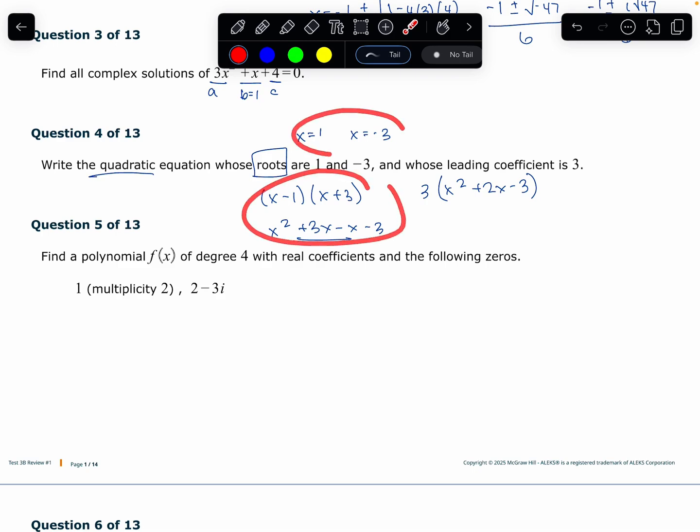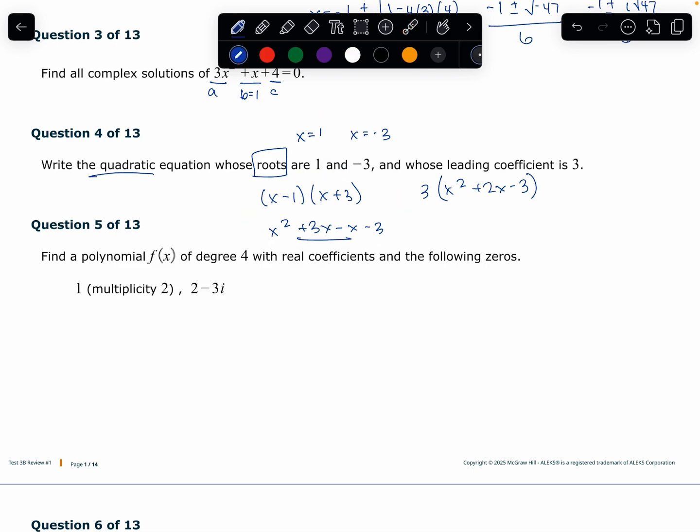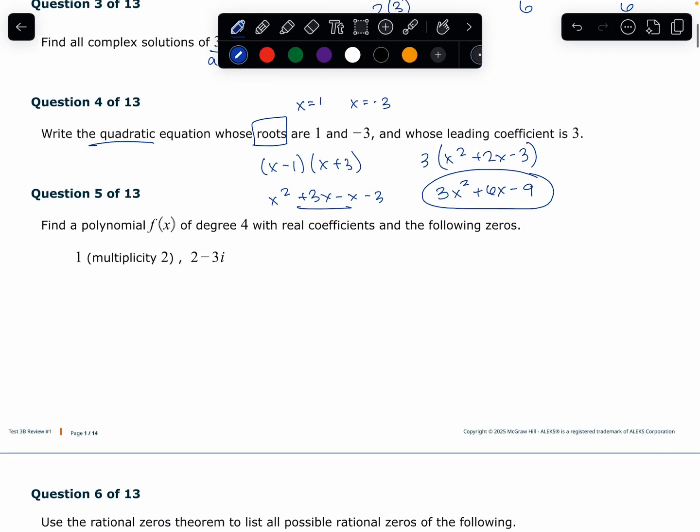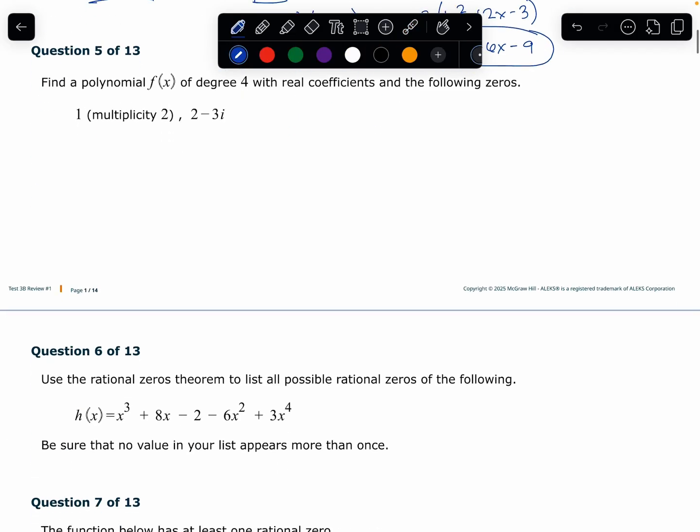So I can distribute that 3, get 3x squared plus 6x minus 9, and that should be my solution right there. So this is a quadratic, leading coefficient is 3, and it has the roots of 1 and negative 3. Okay. All right, for 5.